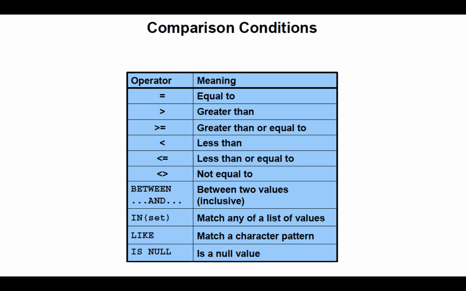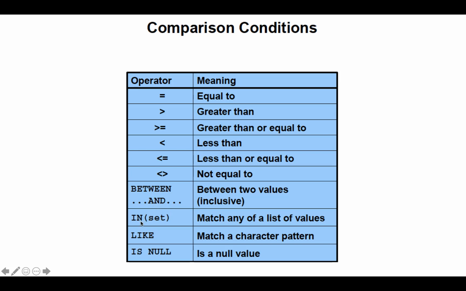The comparison conditions, some people were asking too. These are the comparison operators that you can use in SQL, which are obviously what you are already used to. This stands for not equal. We also have between, for between two values, between this number and this number. These are the two keywords that you use. I will have an example on this.